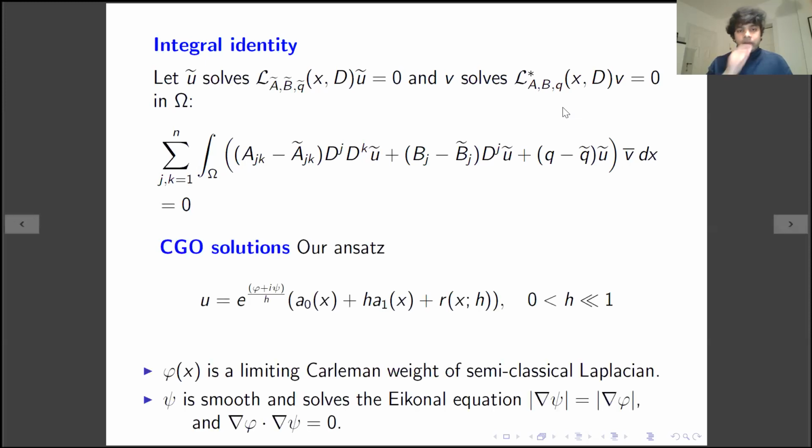And then the next part is that we look for the CGO solutions. That's the standard technique for solving this kind of inverse problem. So we seek this CGO solution, and this is the form. It is a very standard form. So we have this phi plus i psi over h. Phi is the limiting Carleman weight for the semi-classical Laplacian.